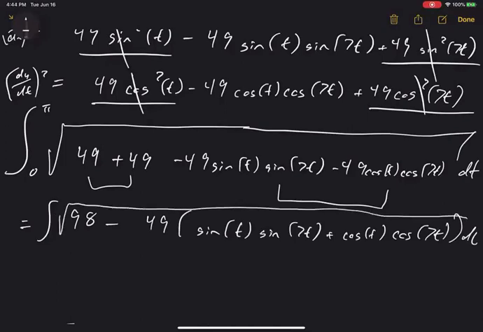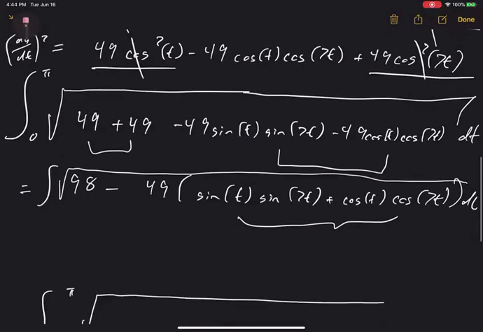So I have this term. Look at this stuff here. This is basically sine of A sine of B plus cosine of A cosine of B, and there are trig identities for that, right? So this stuff in parentheses is equal to, and if you don't know it off the top of your head, don't worry about it. I don't memorize this stuff. I look it up when I need it. Let's see, what would this be? It looks like cosine of A minus B.